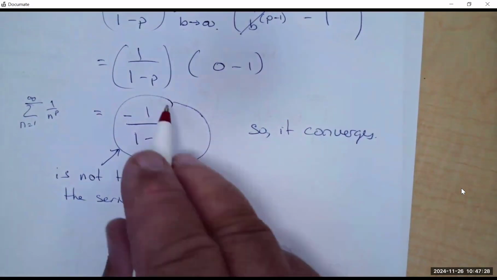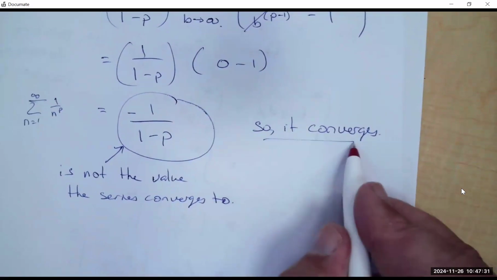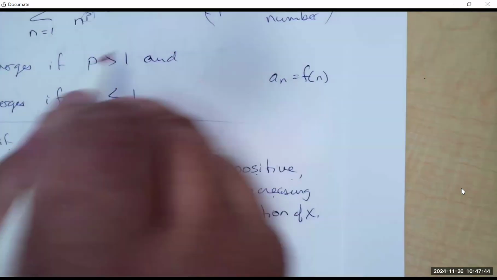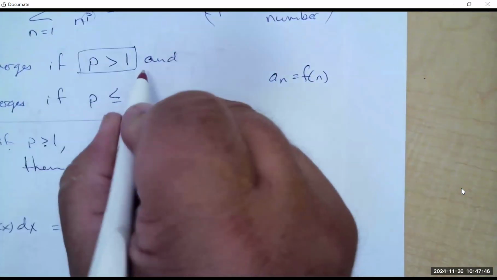It just tells us that since this is a finite number, it converges. So that was when p was greater than 1. Now we have to look at the other part. So the first part, it converges.